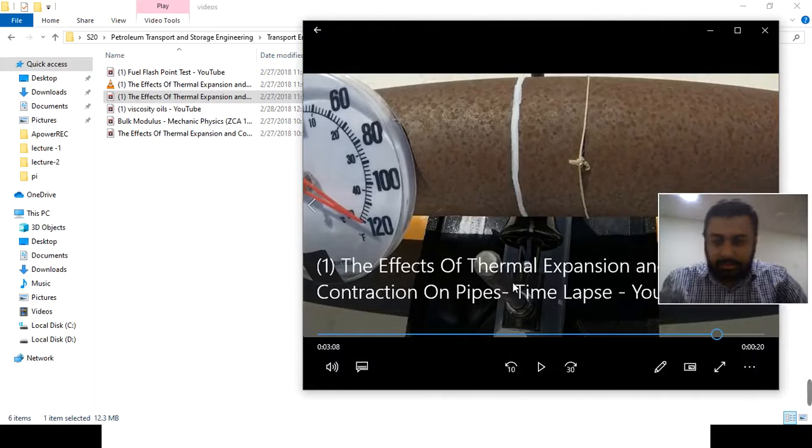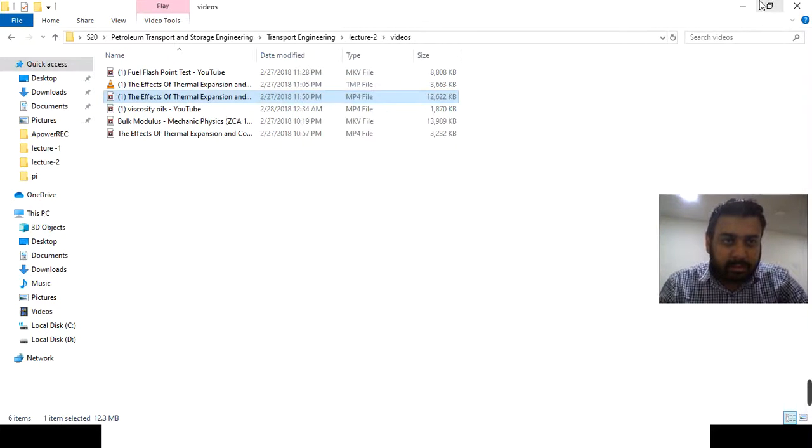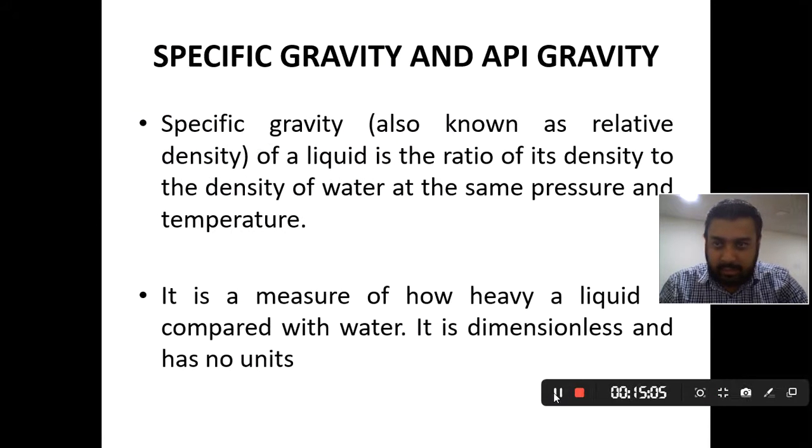Now let's look at the other property that we are discussing, which is the API gravity.